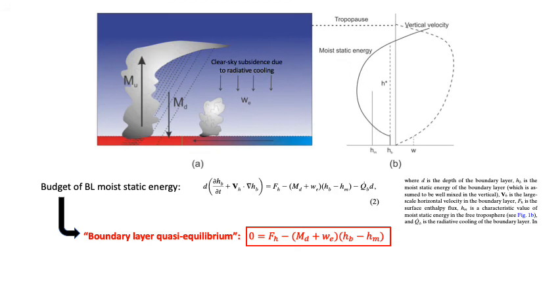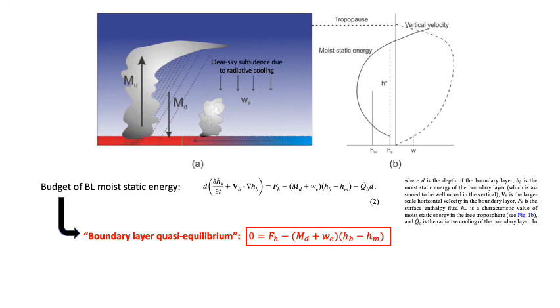So you're assuming a steady state, so you're ignoring the local tendency, dHB/dt, and you're also ignoring advection, which may not necessarily be a good assumption, but horizontal advection is being ignored. And then on the right-hand side, we're just keeping those first two terms. So we're essentially ignoring radiative cooling in the boundary layer.